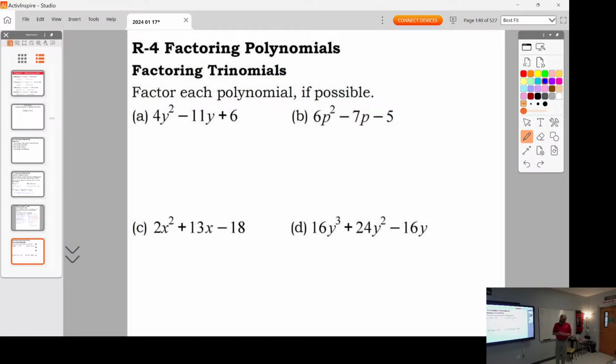All right. Here we just have trinomials. We're going to factor if possible. Starting with letter A, 4y squared minus 11y plus 6.